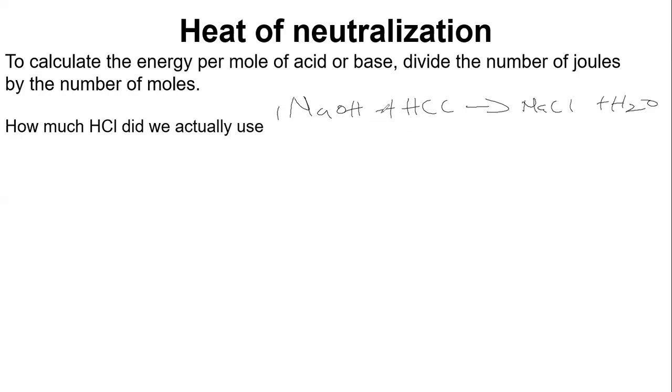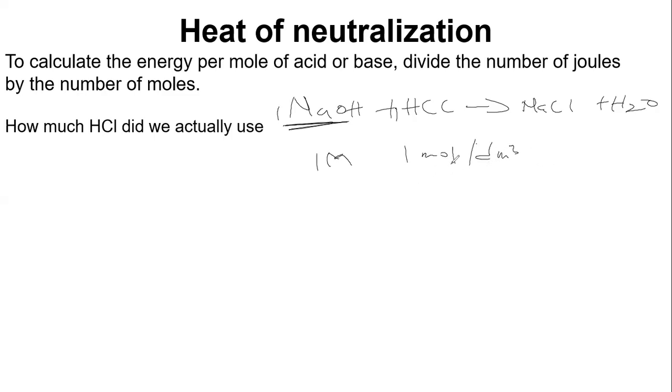In this reaction, 1 mole of this reacts with 1 mole of this. But in the actual reaction, how many moles of sodium hydroxide was there? From the question, we understand that the concentration of sodium hydroxide was 1 molar. 1 molar is the same as 1 mole per dm cube.